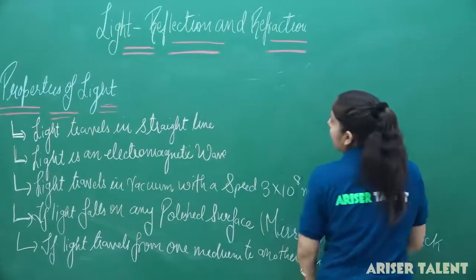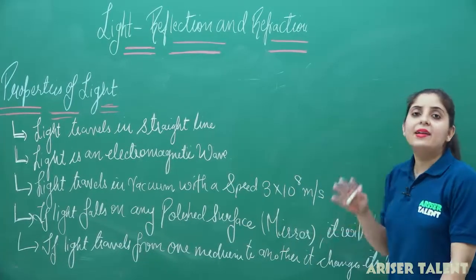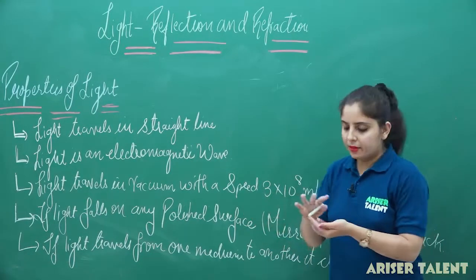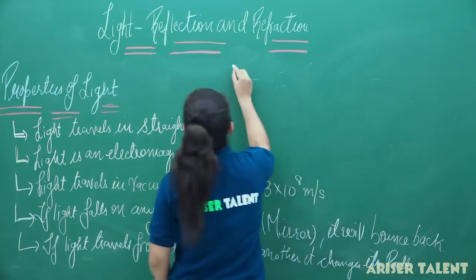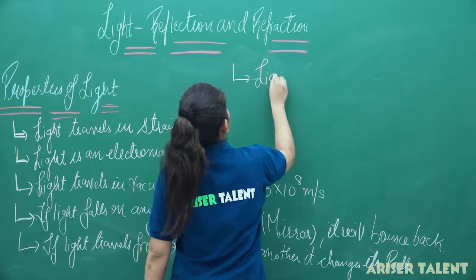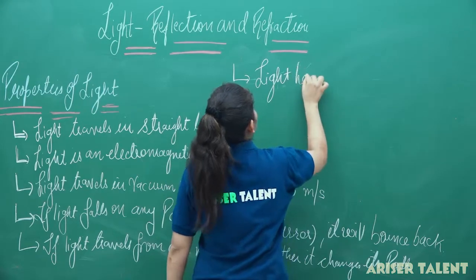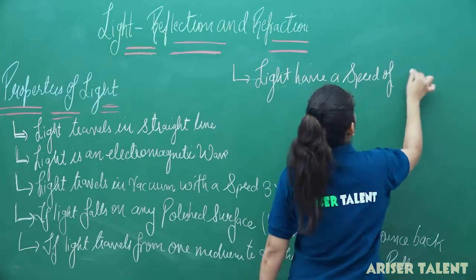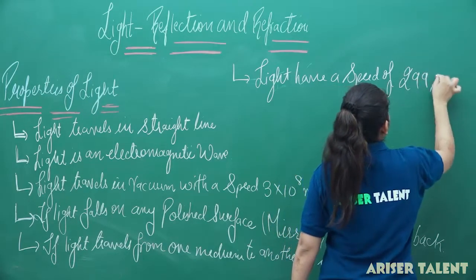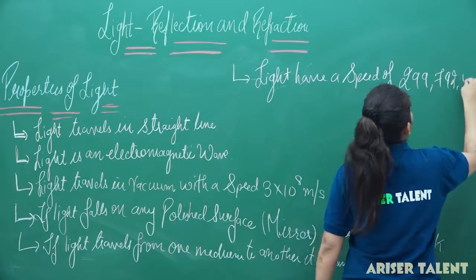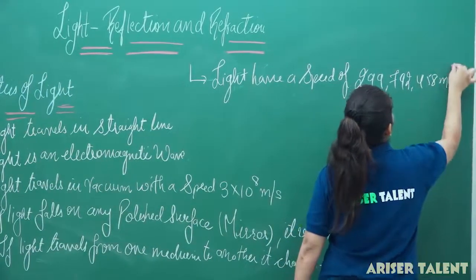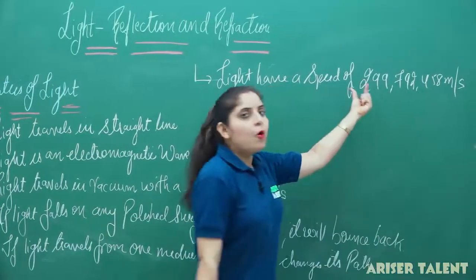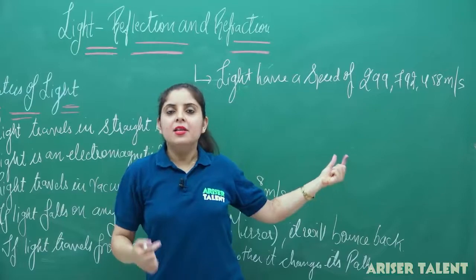Now, scientists have concluded that light has the greatest speed. So, according to the scientists, light has a speed of 299,792,458 meter per second. So, you can see how much the speed of light is here.